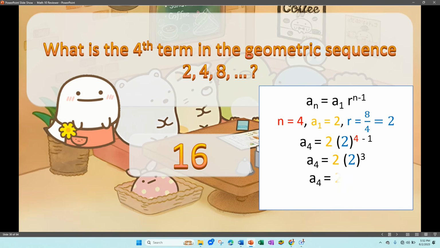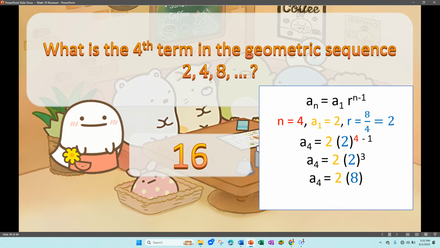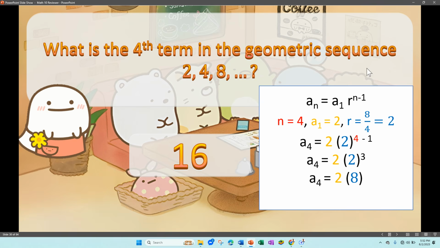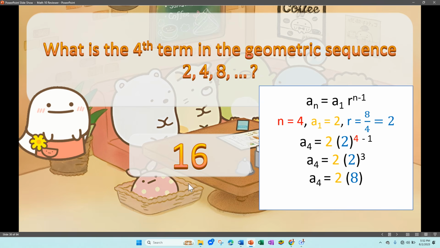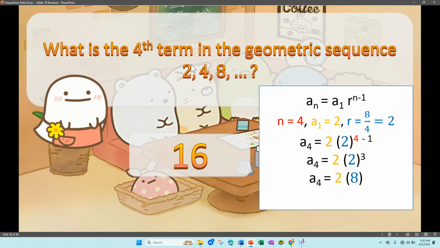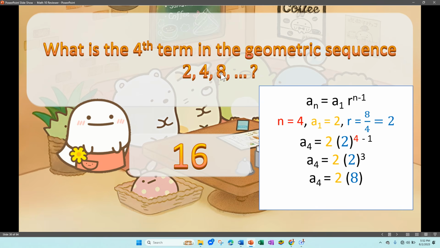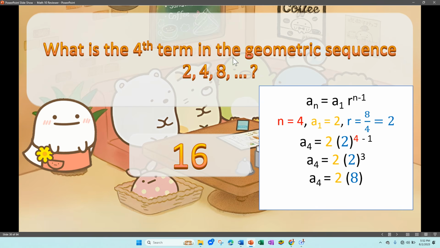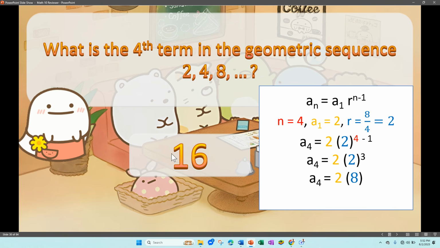Then 2 raised to the power of 3 is 8, and 8 times 2 is 16. The fourth term of this sequence is 16. Or, by observation, 2 times 2 is 4, times 2 is 8. So to get the fourth term, multiply this 8 by 2 to also get 16.